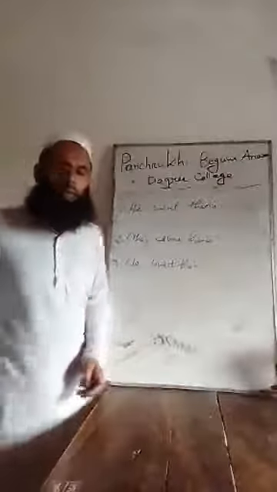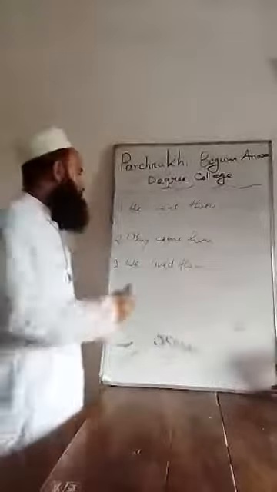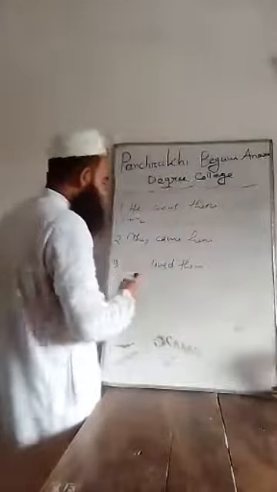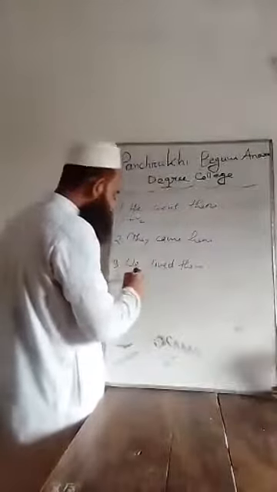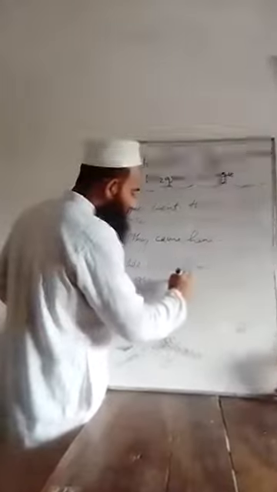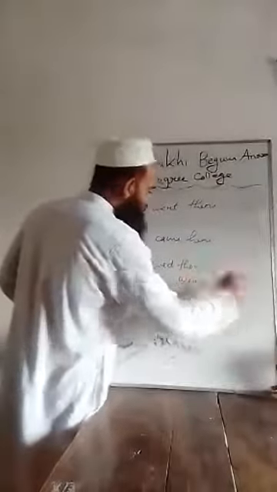A student asks, how can we identify the tense? After the subject, if we find the second form of verb, this is past indefinite. Go is the present form, went is the past form, gone is the past participle.